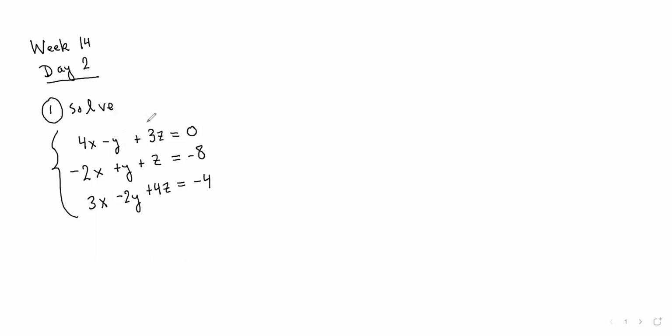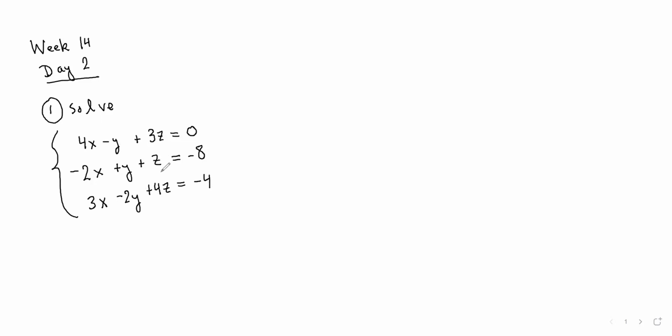We want to solve the system, and this system consists of 3 equations. We have 4x minus y plus 3z equals 0, minus 2x plus y plus z equals minus 8, 3x minus 2y plus 4z equals minus 4. There's a few ways you could go about solving these.